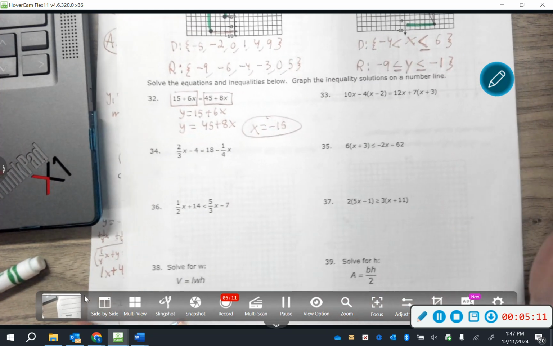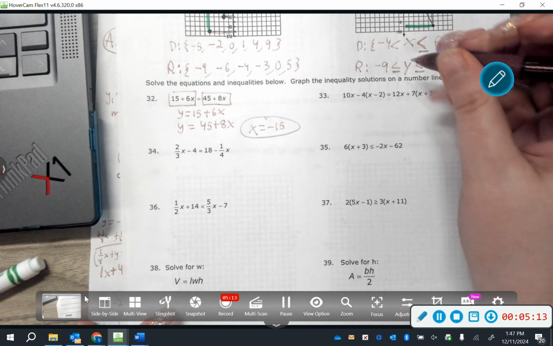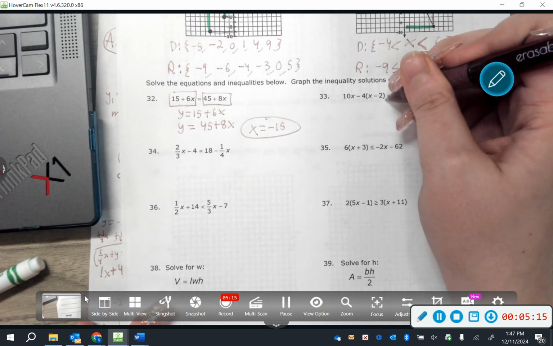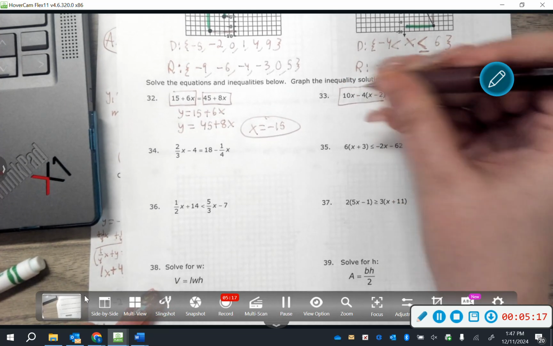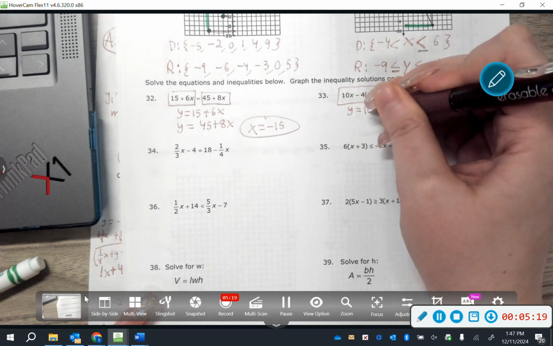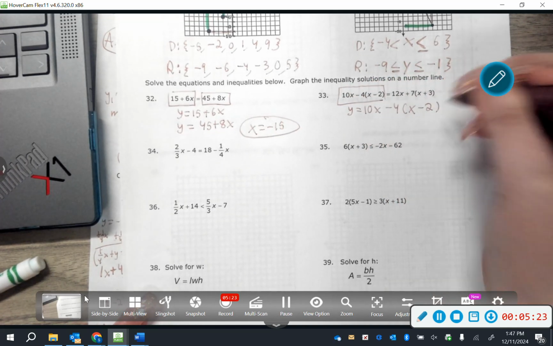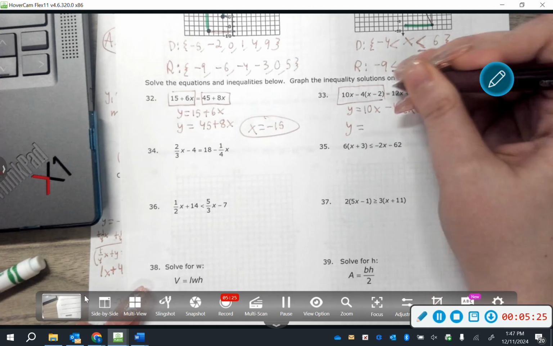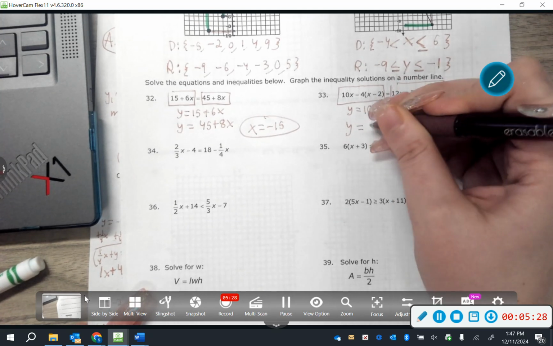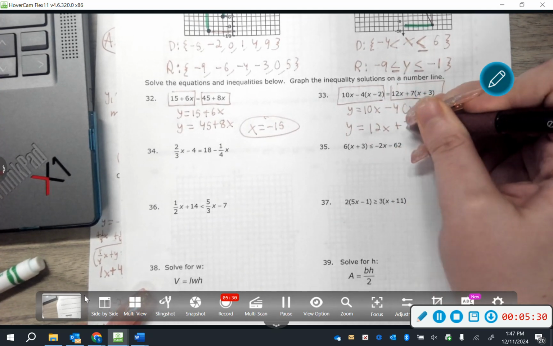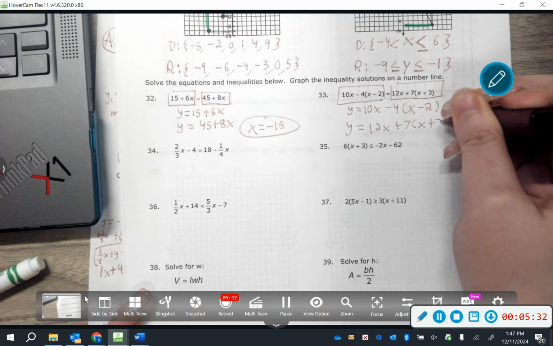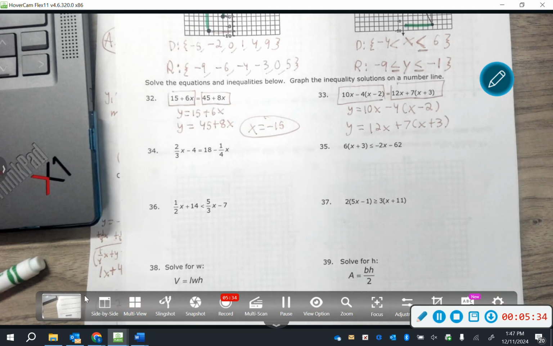So now I'm going to do the same thing here. Even though it's a lot longer, here's my equal sign. I'm going to box the left side of my equal sign and write it as y equals 10x minus 4, parentheses x minus 2, and then y equals the right side of my equal sign, 12x plus 7, parentheses x plus 3. And I'm going to go see where those two cross.